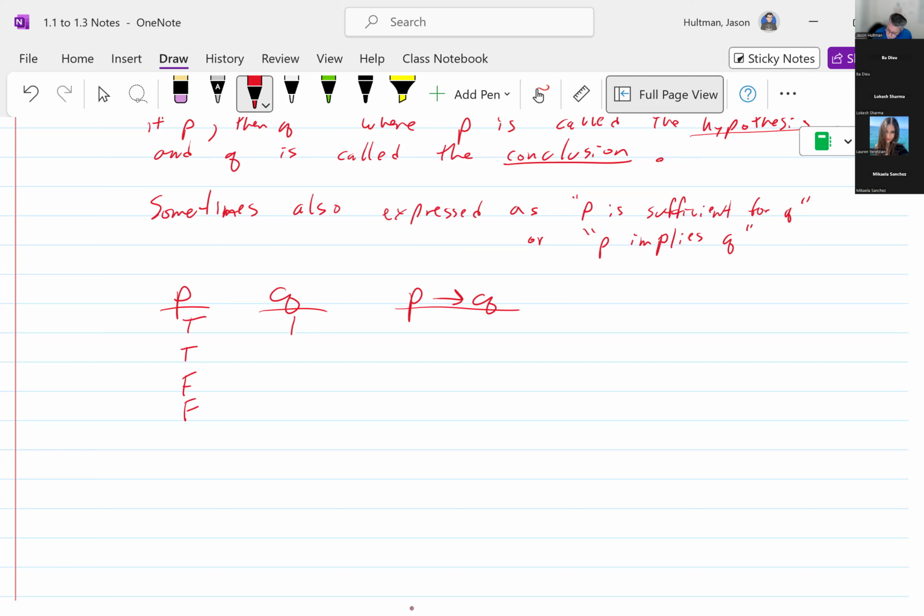For Q, we're going to alternate true, false, true, false. We only have four rows because we have two propositions connected by the conditional operator, which makes the conditional statement: P implies Q, or P is sufficient for Q, or if P, then Q.